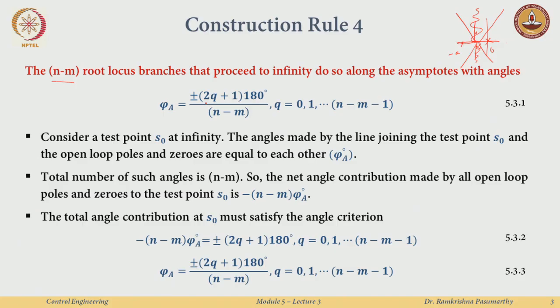So consider a test point at infinity. Let us erase this. Say I have my sigma and j omega axis here, and say this is my infinity, so there is this point S naught at infinity.